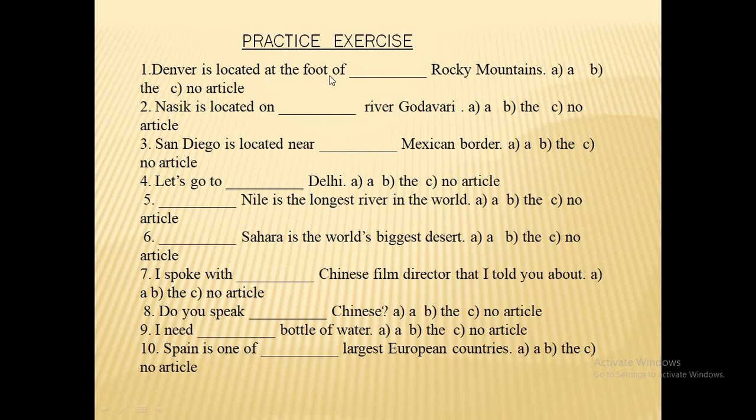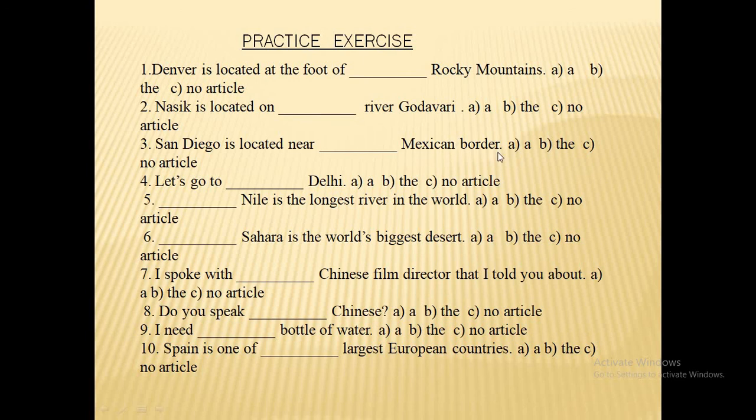Denver is located at the foot of the Rocky Mountains, because it's a physical feature. Nasik is located on dash river Godavari. On the river Godavari. San Diego is located near the Mexican border.